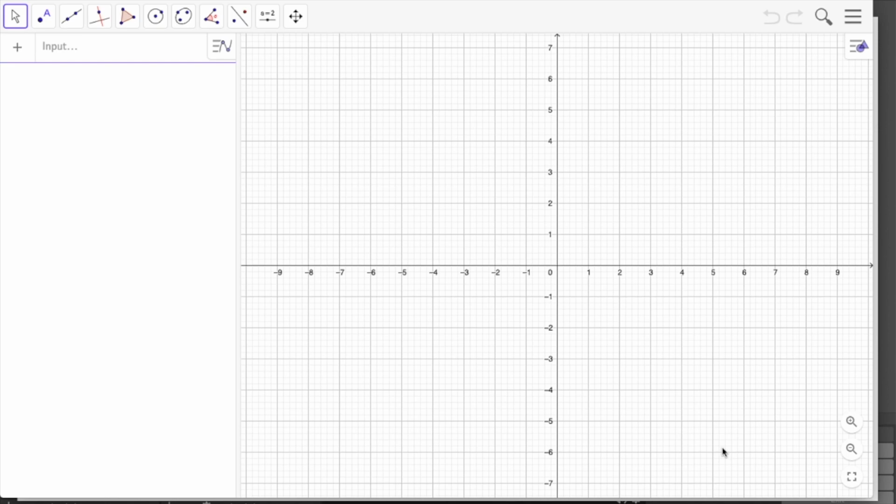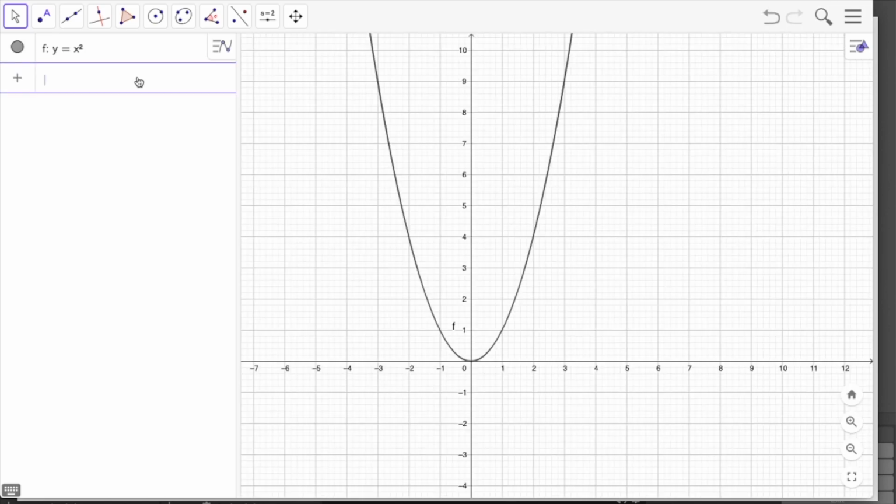So first of all, I want to draw the graph of f of x is equal to x squared. Right, so y is equal to x squared. I will draw the other graph, which is y is equal to (x minus 2) all squared.